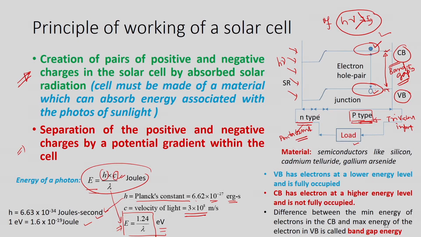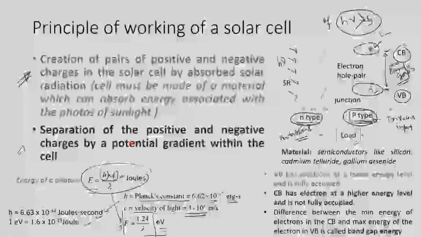So, n type will have extra electrons and p type has extra holes. Since in the second step we need to separate the positive and negative charges, and we have to create some kind of built-in potential, how can this be carried out? We will do it by sandwiching n type and p type doped silicon cells.